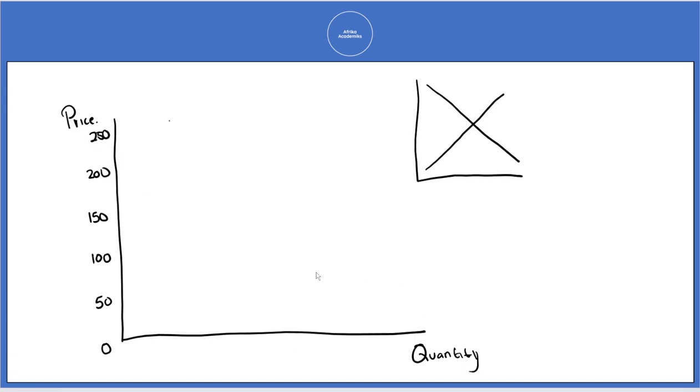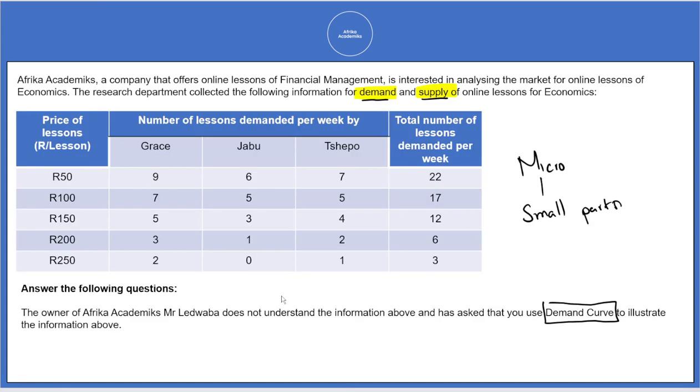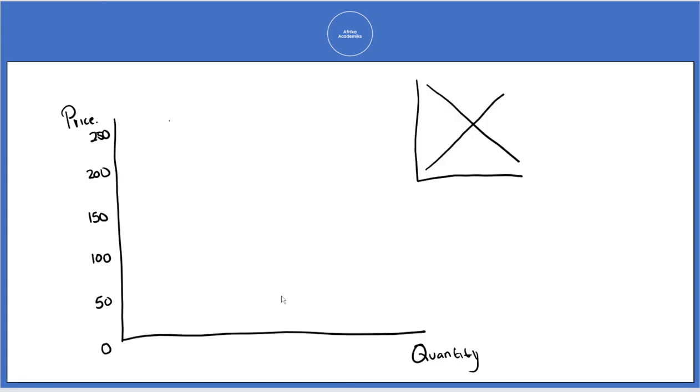And then in terms of quantity, we'll go from 3 to 22. So we can use 0, 5, 10, 15, 20, 25. Okay, just like that.